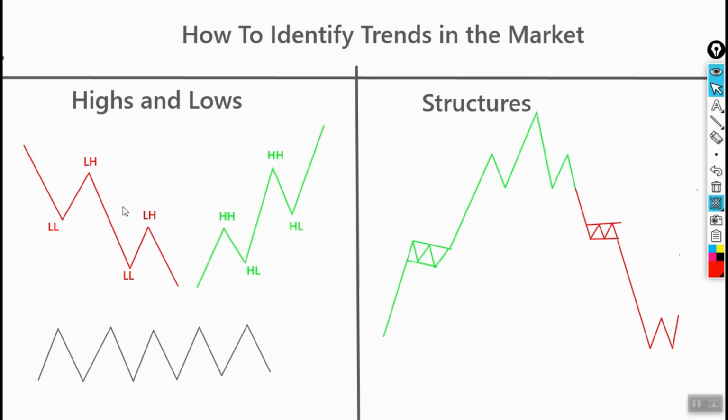And that's how you identify a downtrend, just by looking at it from a distance, without even analyzing. Just looking at the lows and the highs, if the market is printing out lower highs and lower lows consistently, that's when you know that the market is in a downtrend.